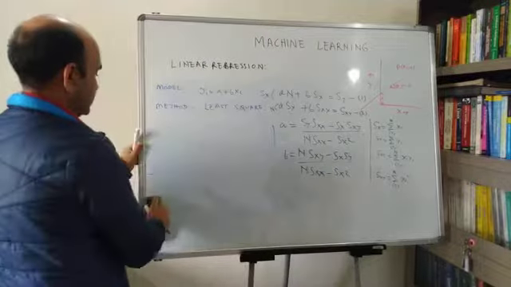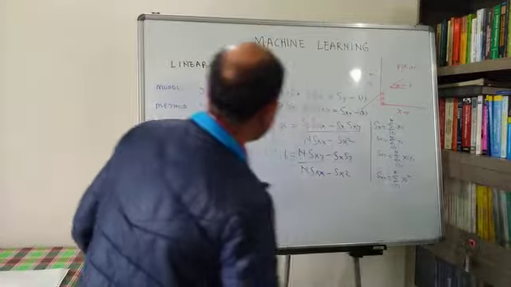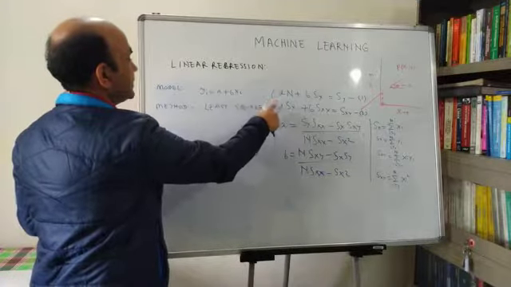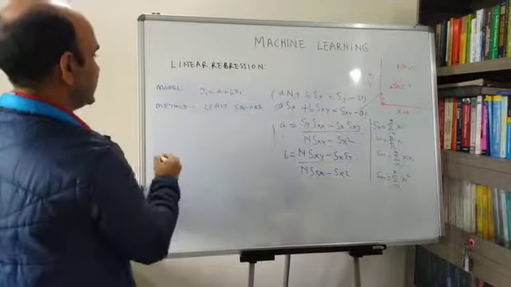So let us do one quick check whether what we are getting is correct. We can do that by substituting the values of a and b in the equation.